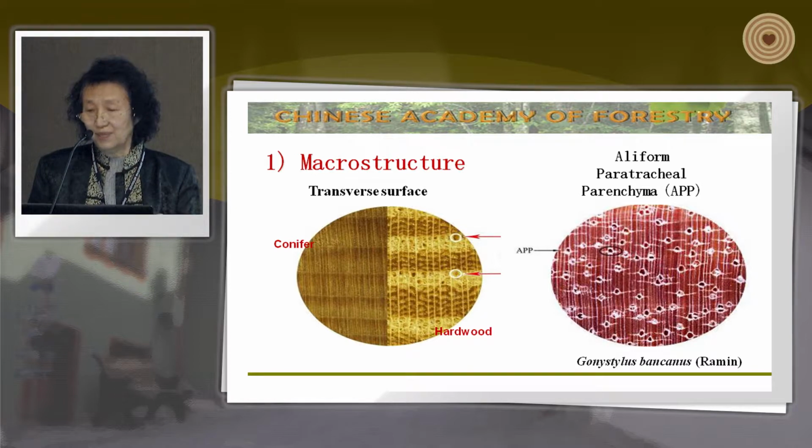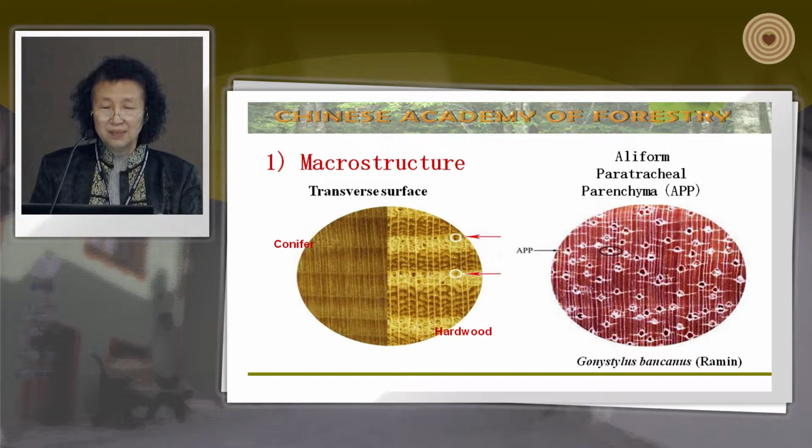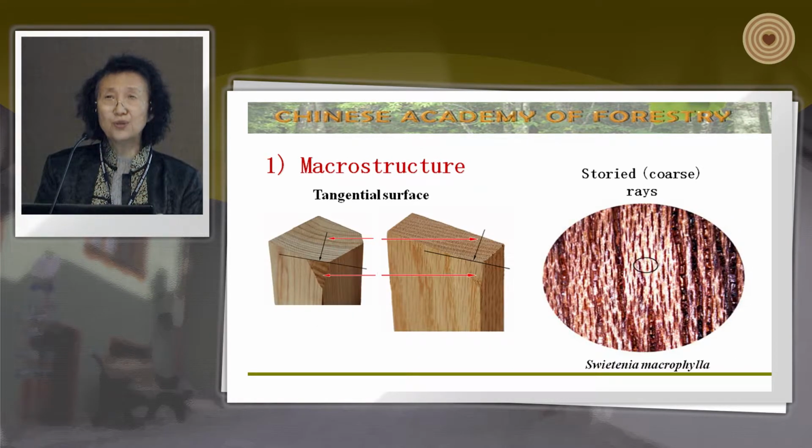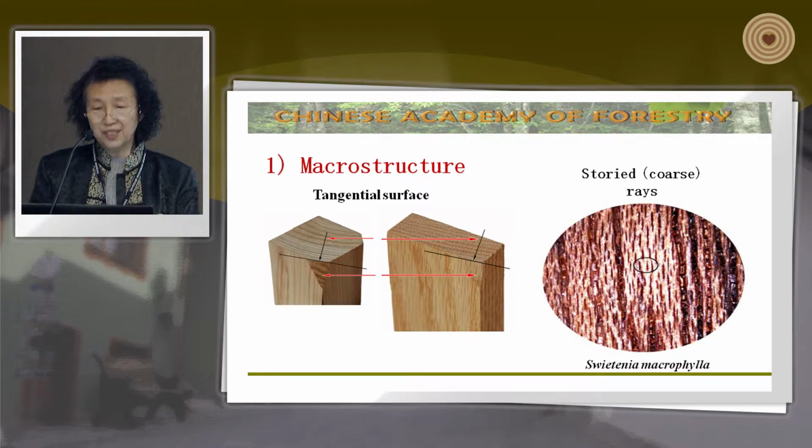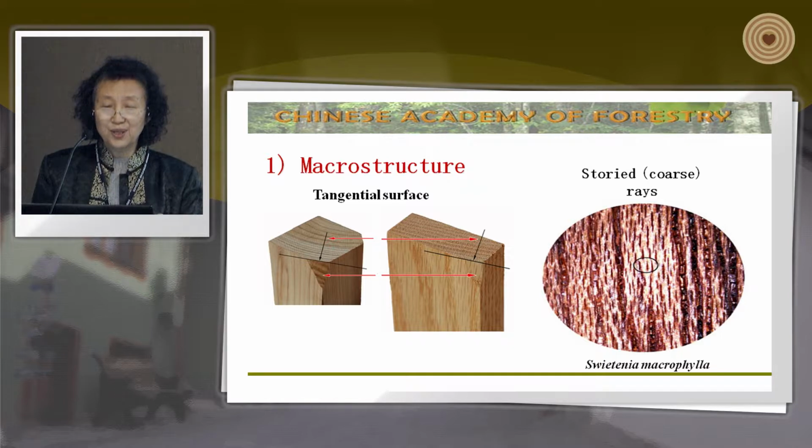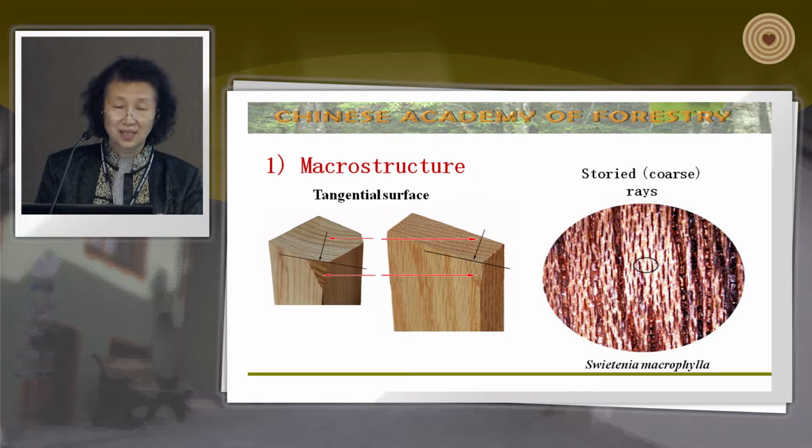You can know which one is conifer and which one is hardwood. And we can also observe the parenchyma, so you can do some ID. We also use the tangential surface, where we can find whether storied rays are present or not.